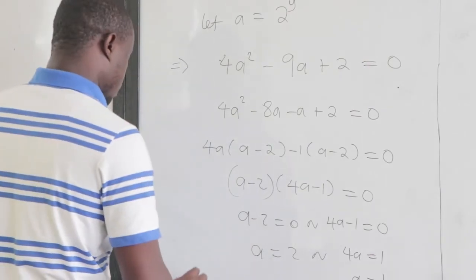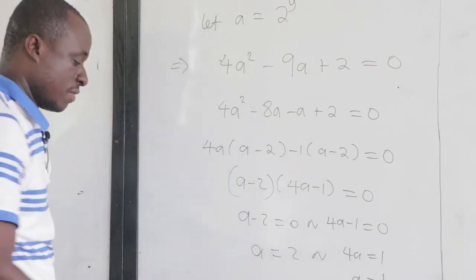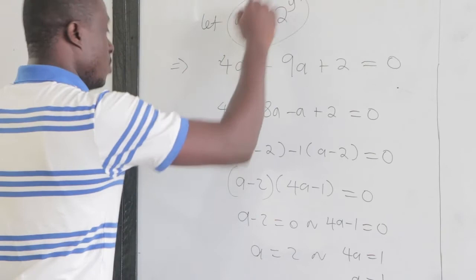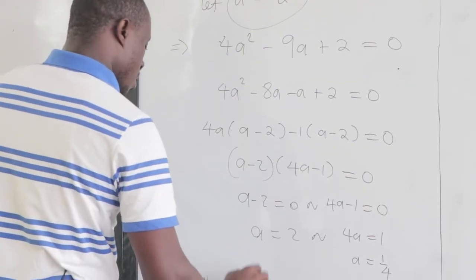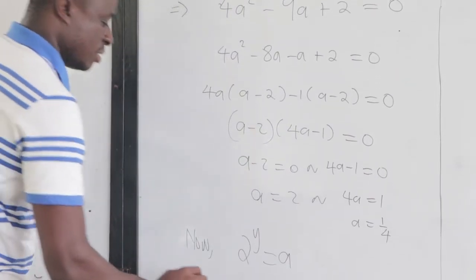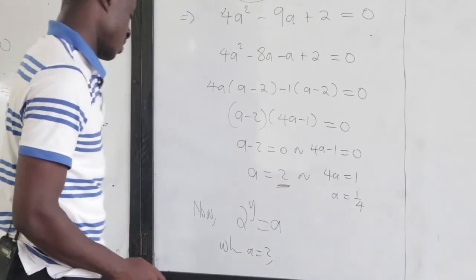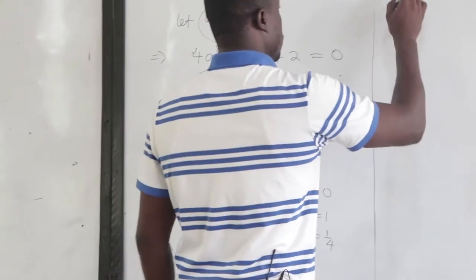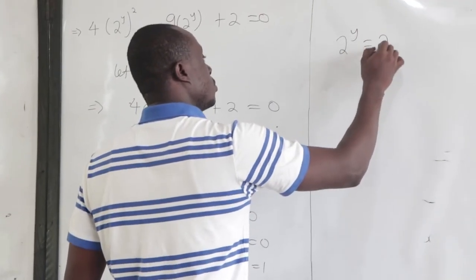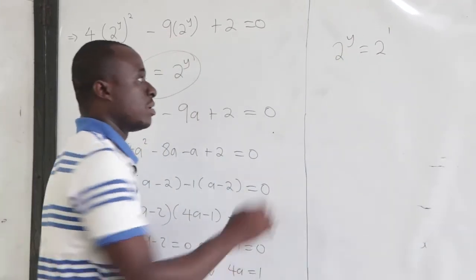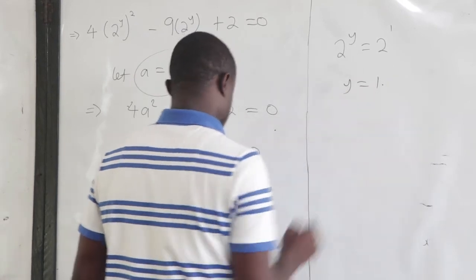Now, what do you have? We know that 2 to the power y is a. So when a is 2, the first one, what are we going to get? We get 2 to the power y equal to 2. But this is to the power 1, therefore y is 1.